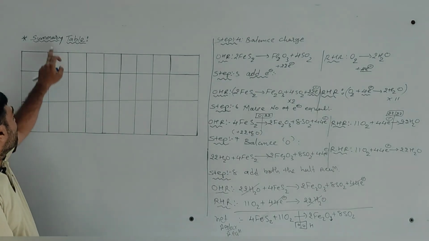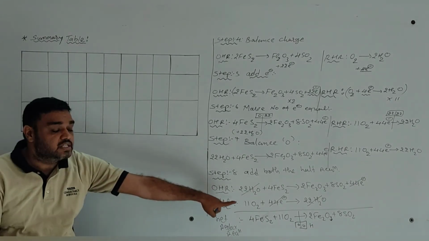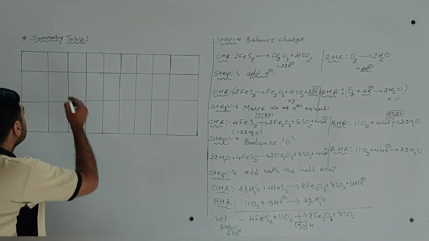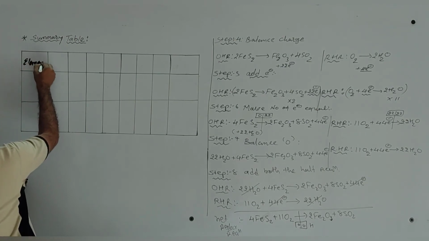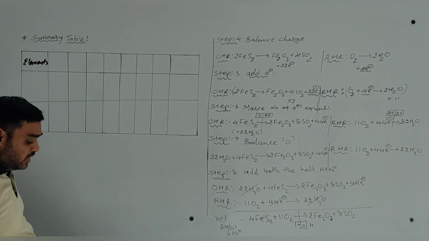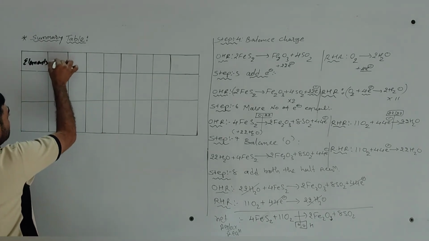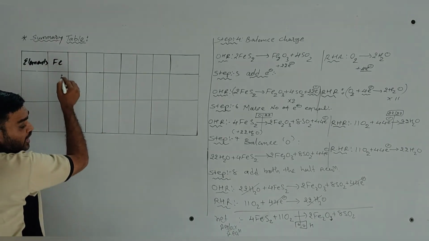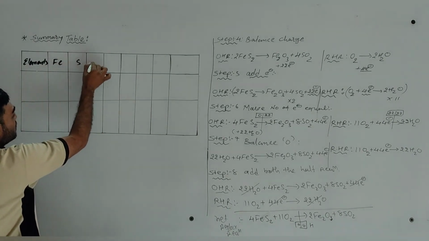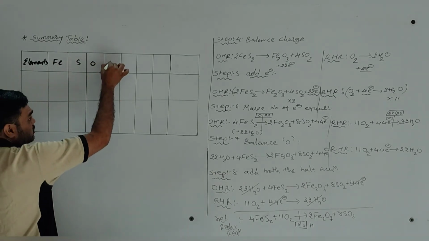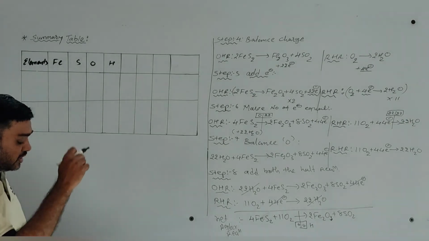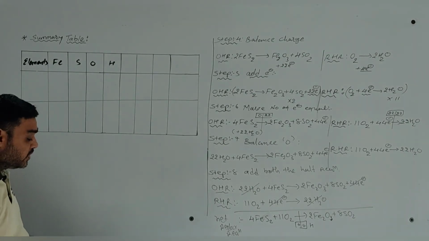So let's go with the summary table according to the balanced equation. In the first column we will write the elements. Here the elements present are Fe, sulfur, and oxygen; hydrogen is not present. Then we will also write hydrogen here, because in the earlier case H2O is given.